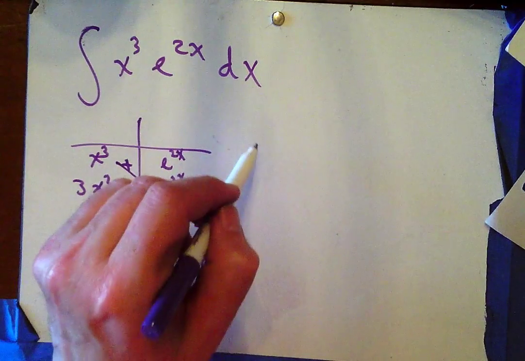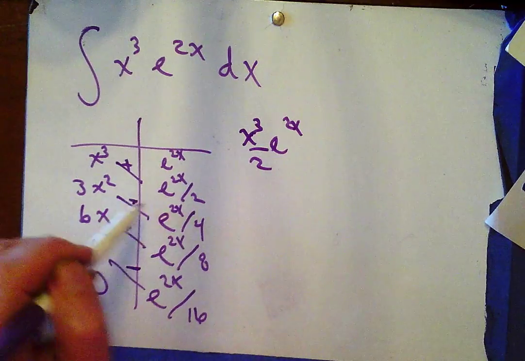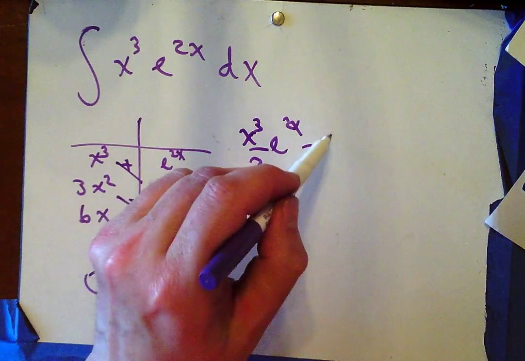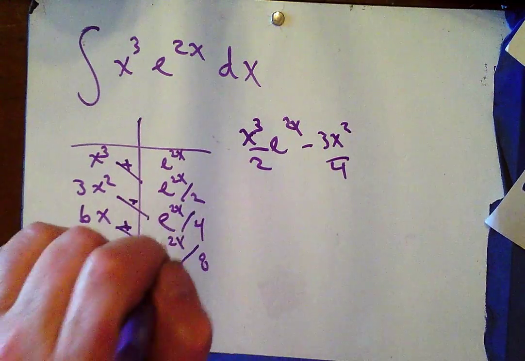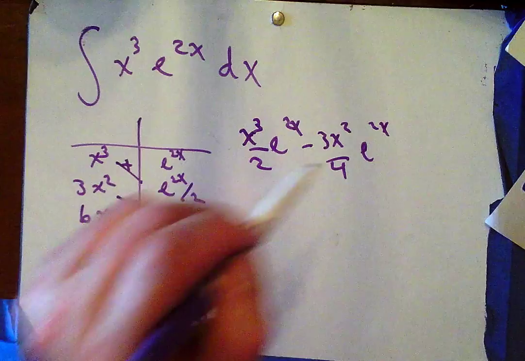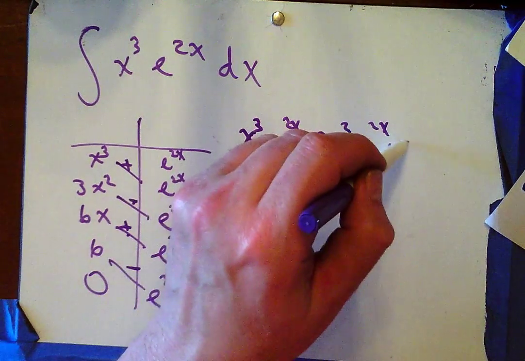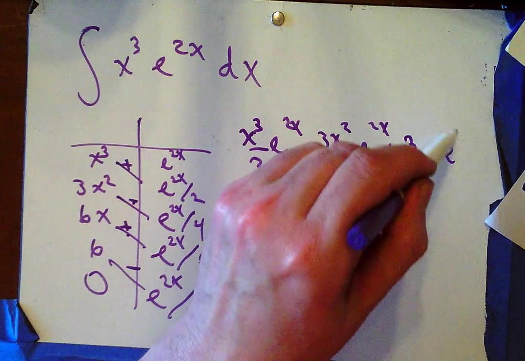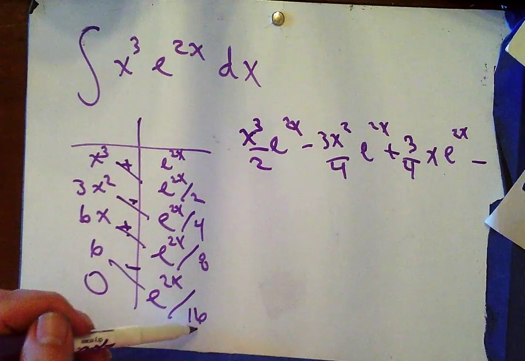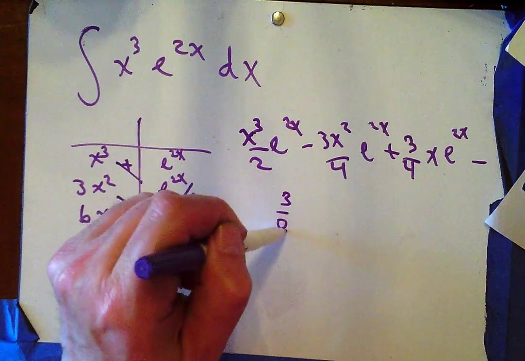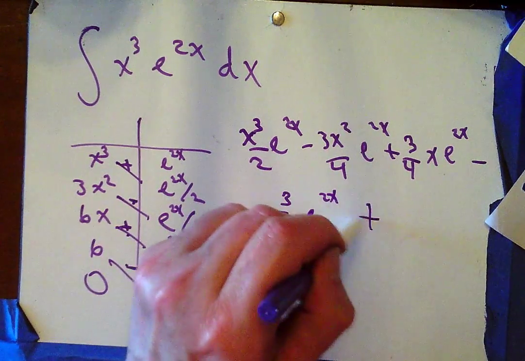And so you should end up with x to the third over 2, e to the 2x, minus 3x squared over 4, e to the 2x, plus 6 over 8 is 3 over 4, 3/4 x e to the 2x, minus 6 over 16 is going to be 3/8 e to the 2x. Don't forget the plus c.